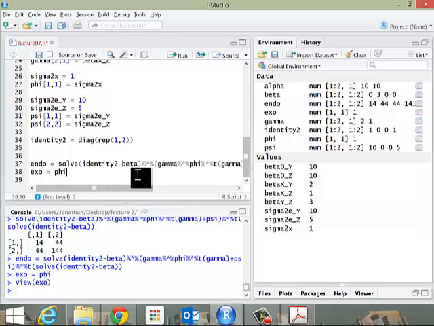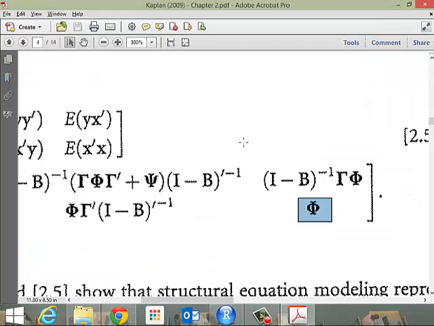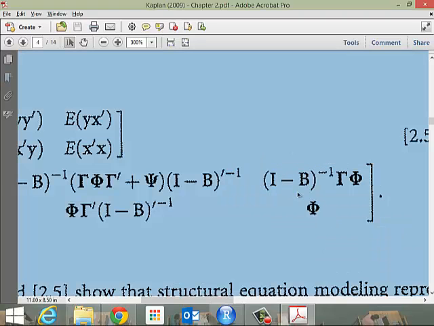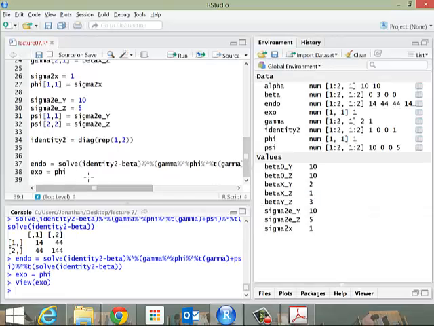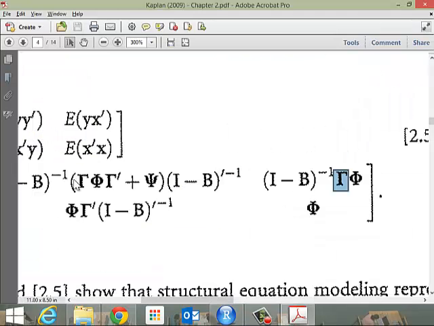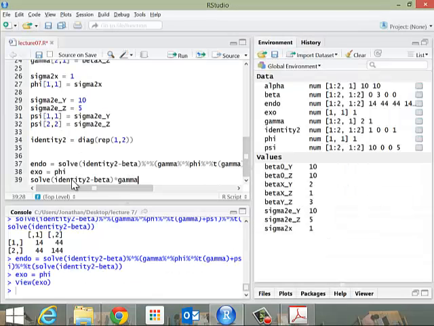So what is left? It's this diagonal, the variances and covariances of y with x and z with x. These are the covariances from it. And again, we find that from our betas and from our gammas. These are our slopes themselves. So that would be solve right here, this term, times gamma times phi.